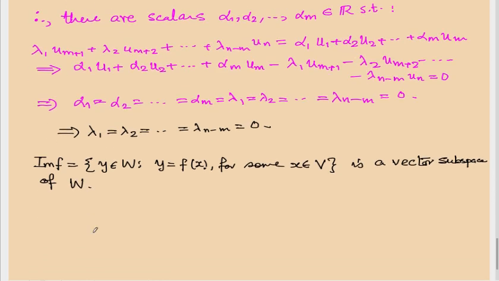And this image of f is therefore the span of v1, v2, v n minus m, and we have shown just now that this set is linearly independent.